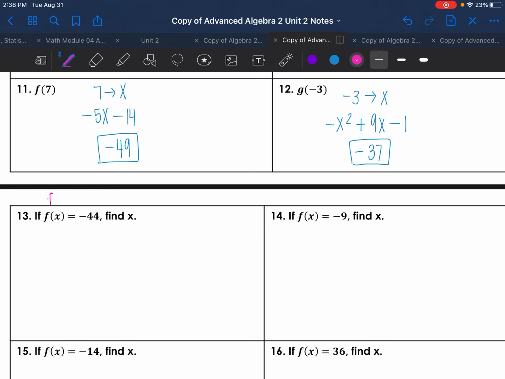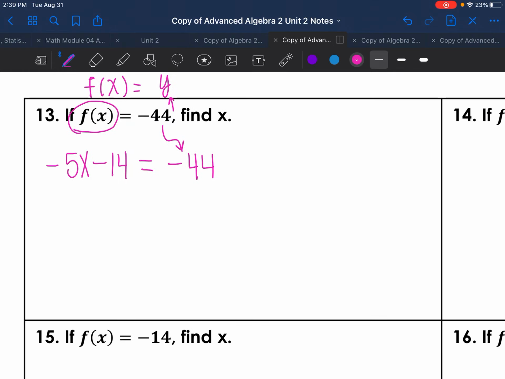But remember, if f of x equals y, that negative 44 is in the y spot, not the x. So the way we answer these is by taking our function, which we know is negative 5x minus 14, that was given to us in the directions, and we set that equal to negative 44.